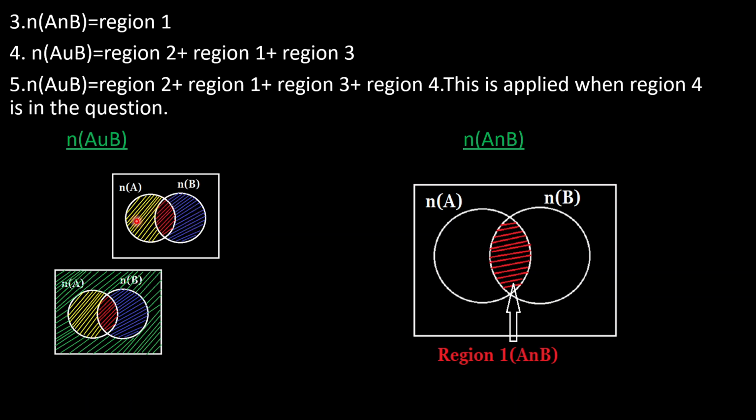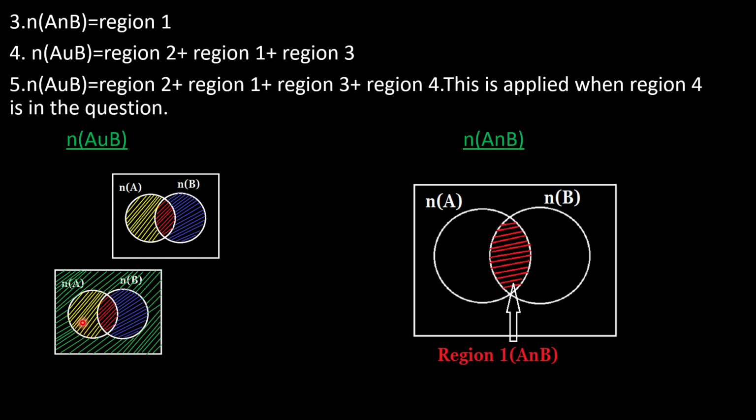So when you sum all these up, it gives the number of A union B. Also, the number of A union B is region 2 plus region 1 plus region 3 plus region 4.